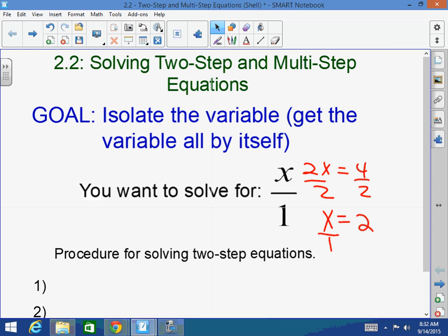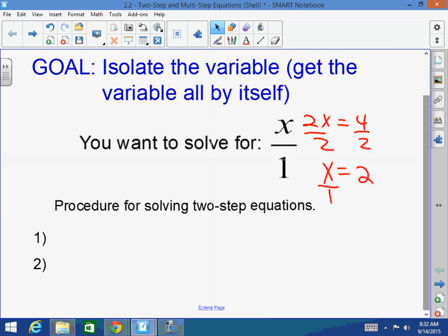So the procedures for solving two-step equations are pretty simple. The first thing you're going to do is look to see if there's anything being added to the x. It could be a positive or a negative being added to the x. You're going to undo addition and/or subtraction first.